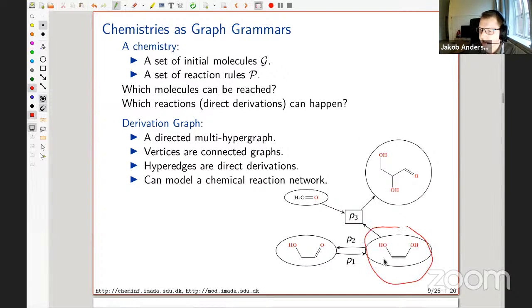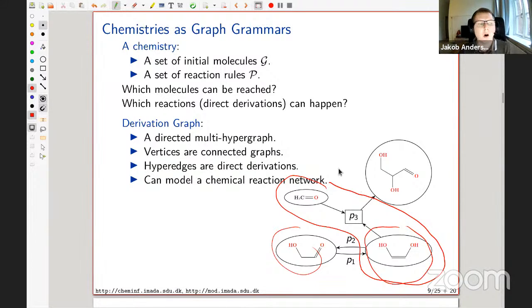In one instance, it acts as a graph alone and can get transformed into this other graph over here. But in another instance, this graph is merged with the formaldehyde up here to form one big graph, which is then transformed into this product molecule. So that means that depending on the context, we will need to do all combinations of combining the connected graphs with each other into multisets in order to enumerate all the chemical reactions.